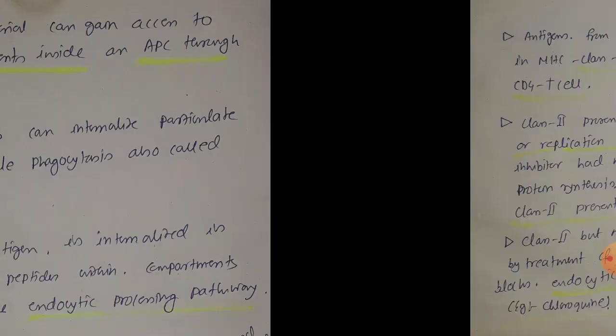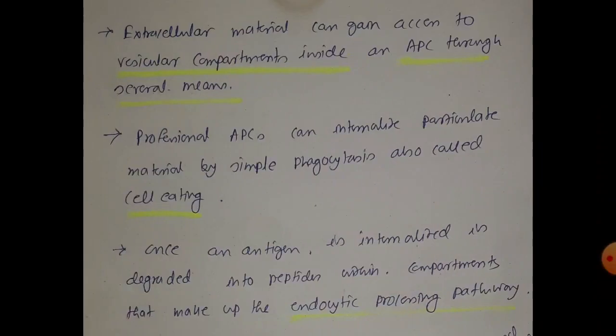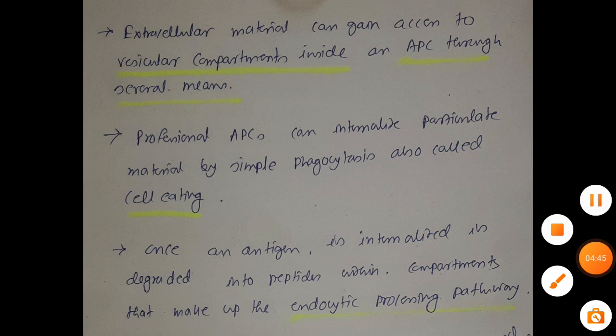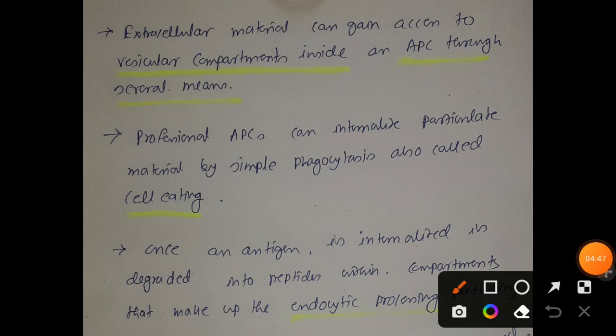Now extracellular material first of all has to enter inside the APC, or antigen presenting cell. I hope you can remember the classification of antigen presenting cells that we discussed in the MHC class 2 molecule video: professional antigen presenting cell, PAPC, and non-professional antigen presenting cell, right?